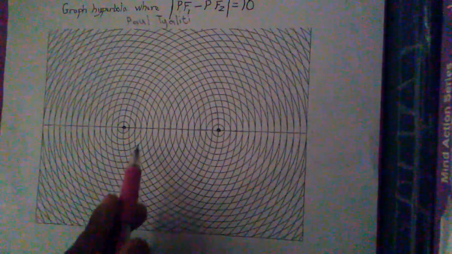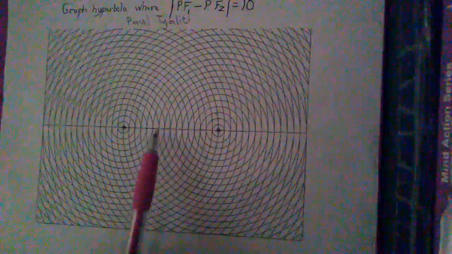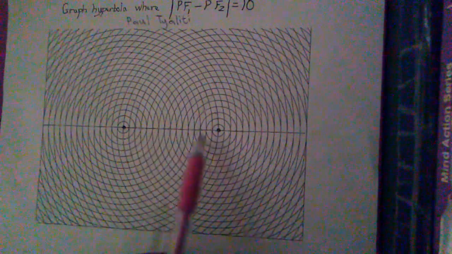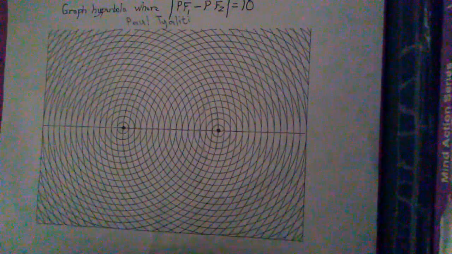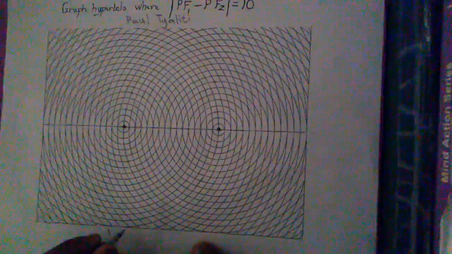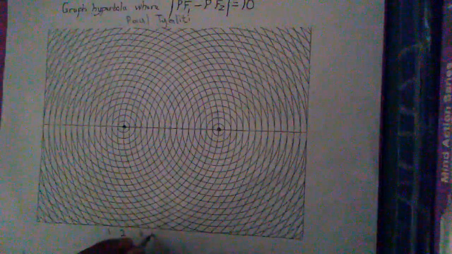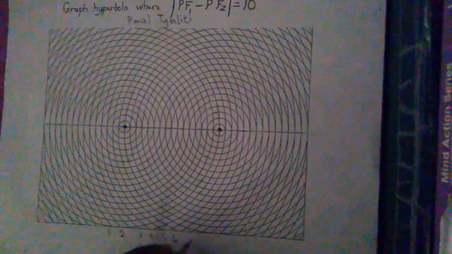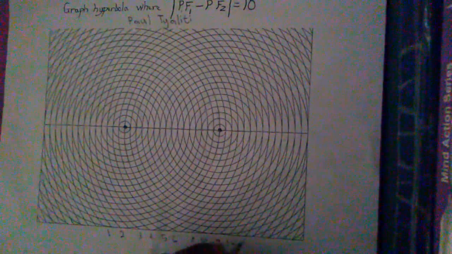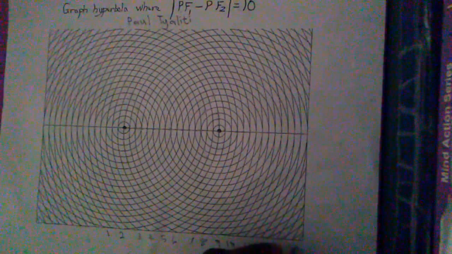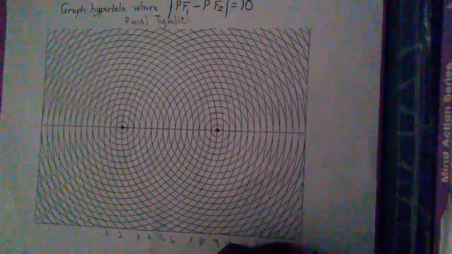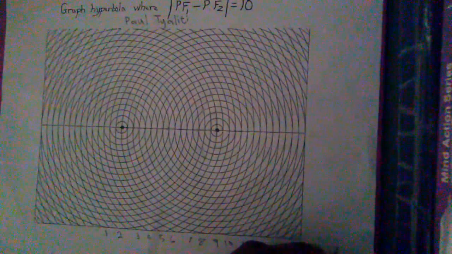distance in between the median of these two foci and each of these foci themselves needs to be 8 units. Now, to demonstrate this, let's have a set of integers from 1 to 17, such that it will be 1, 2, 3, up to 16, and finally 17.